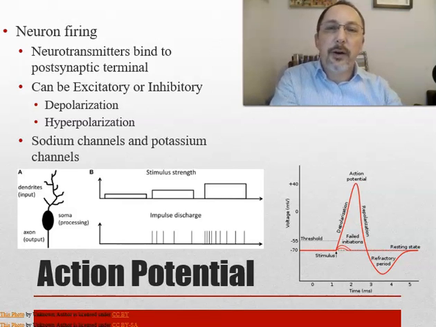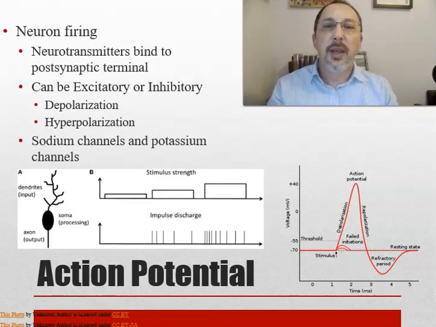When neurons fire, the neurotransmitters bind to the postsynaptic terminal when you reach the end. And these can be excitatory or inhibitory. And you've got these two terms, depolarization and hyperpolarization. Well, it's not quite as simple as a neuron gets a signal and it fires. Because you've got sodium channels, potassium channels, you've got excitatory, you've got inhibitory.